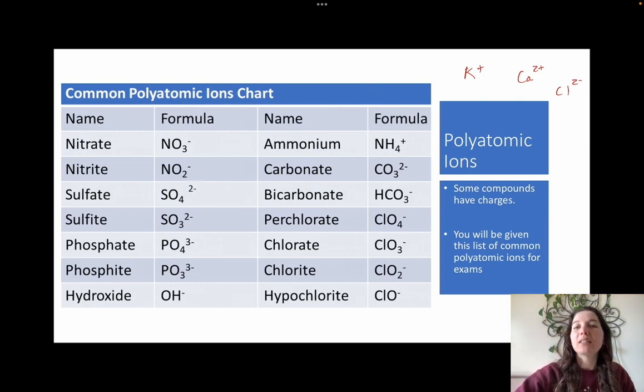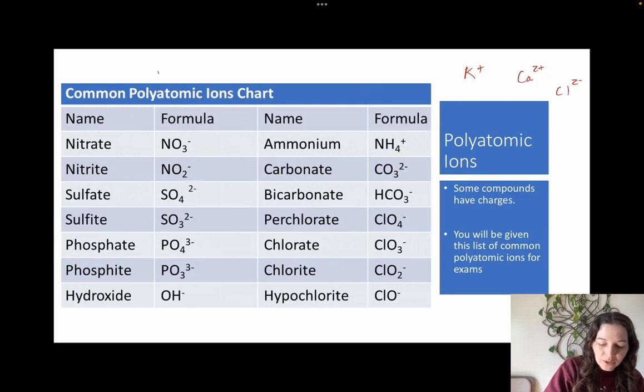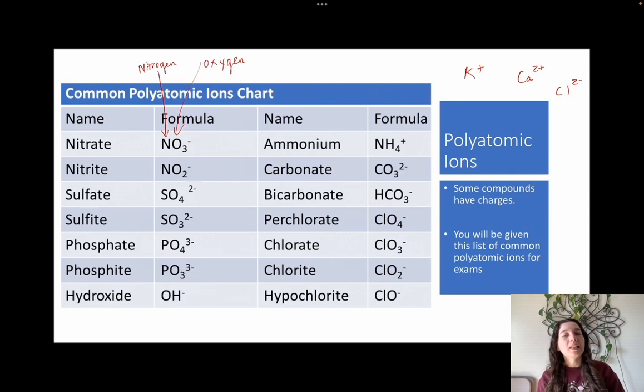However, polyatomic ions differ in that they have multiple elements. So here, nitrate is composed of nitrogen and oxygen. This polyatomic ion looks like this.